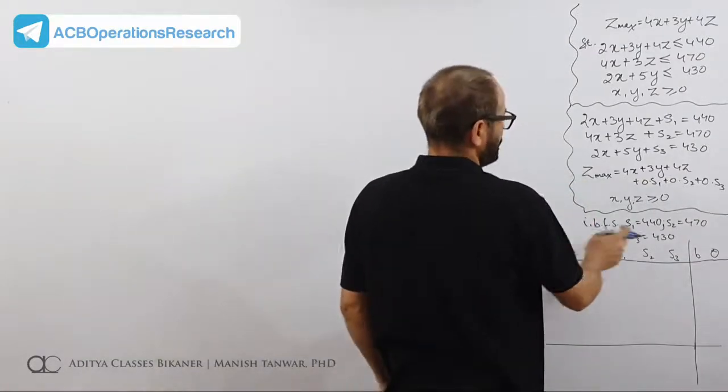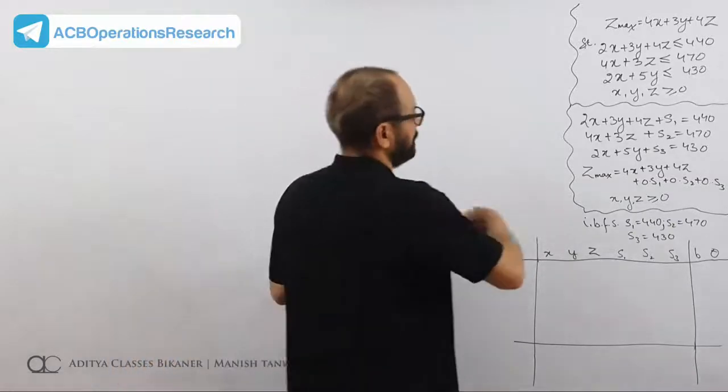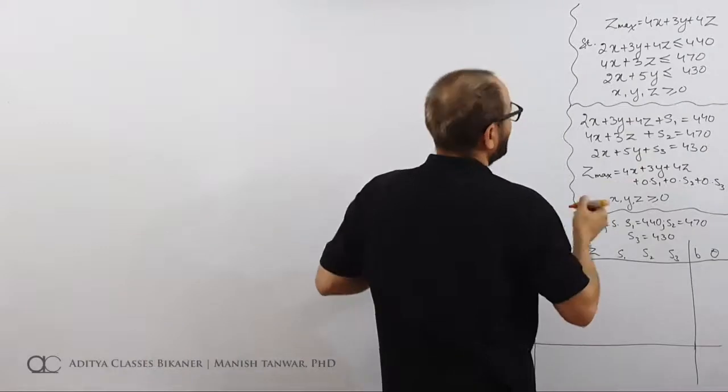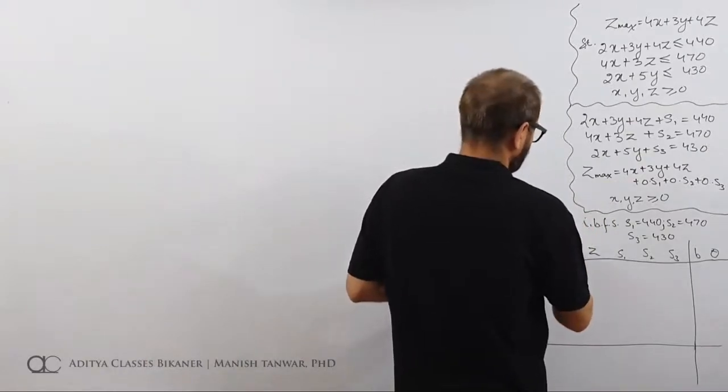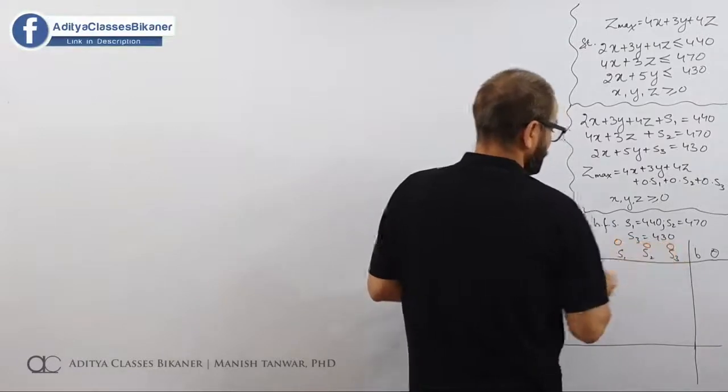What are the contributions? Now we are having a space crunch over here, so I will make use of some other color, otherwise it will mix. So, contributions are 4, 3, 4, 0, 0 and 0.